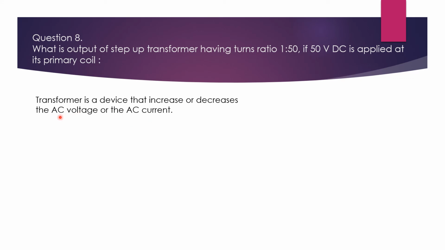It is increasing AC voltage, alternating current, because there is a change in the direction of the current here, and that change in the direction of the current induces an EMF in the coil attached to it, and that coil again, due to mutual induction, develops an EMF in the other secondary coil.